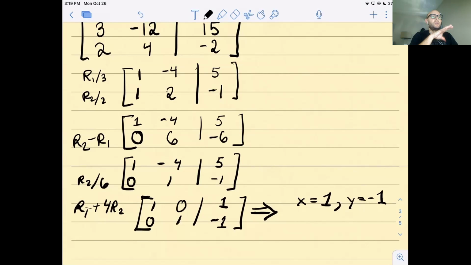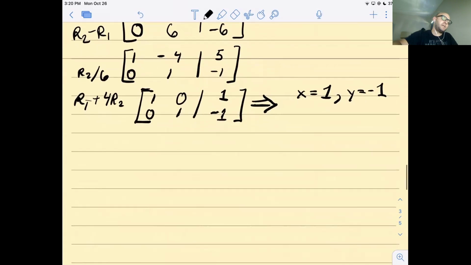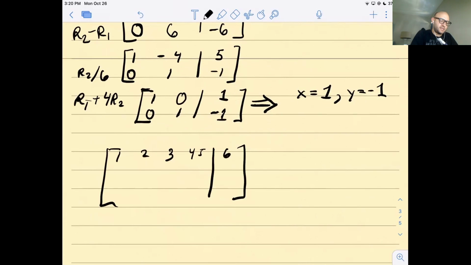And the cool thing is you can apply the same idea with the pivots. You can extend the same idea to solve a 5 by 5 system. So if you have a really big system like 1, 2, 3, 4, 5, and then 6 here, and then a bunch of numbers, this is a really big system.